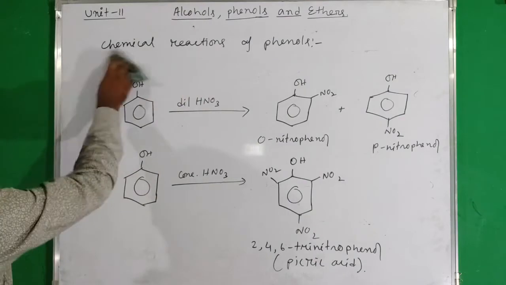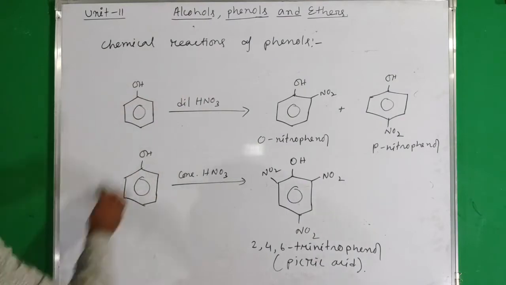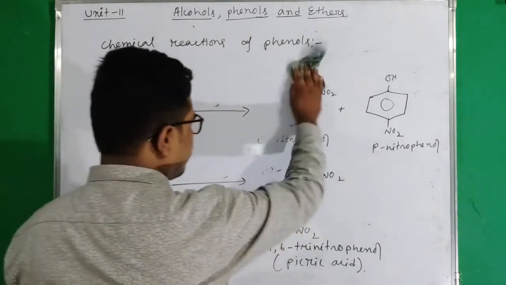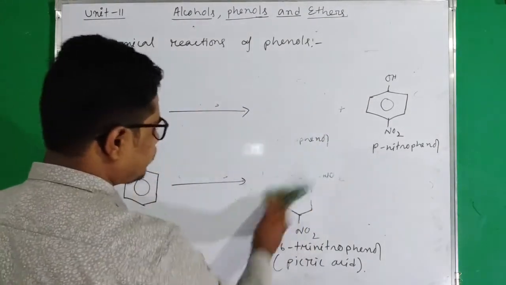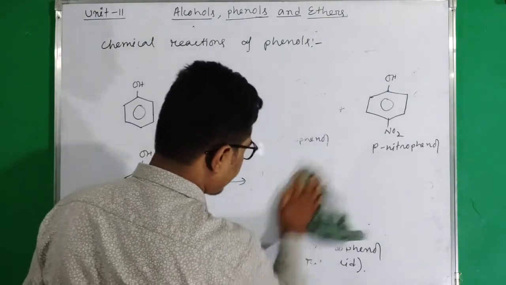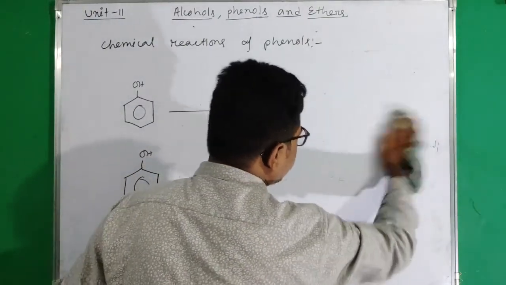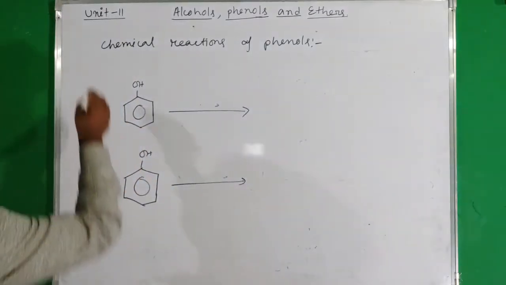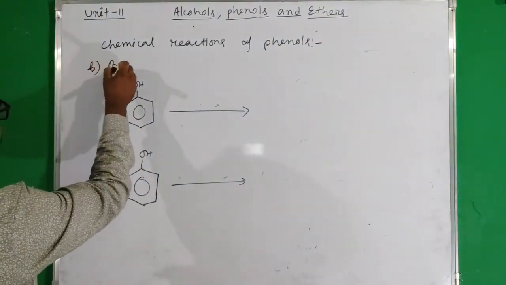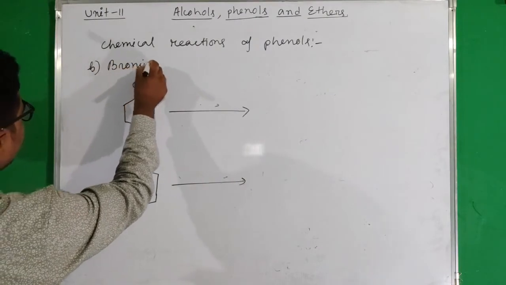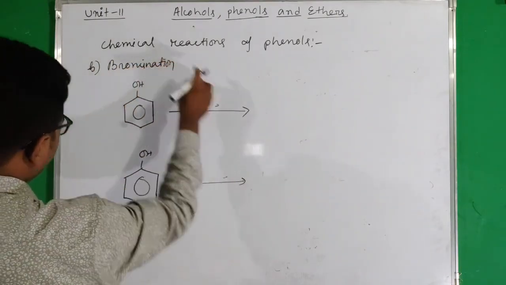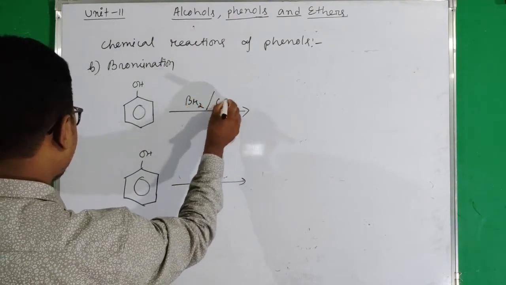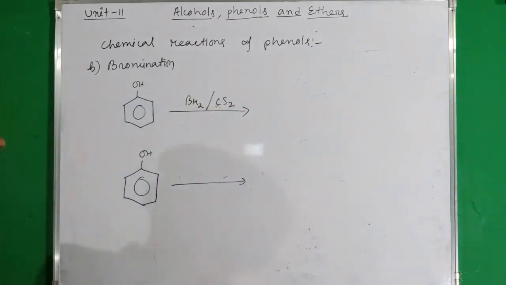and then the next example is bromination. So number B, bromination. So at first we are using bromine in presence of carbon disulfide.